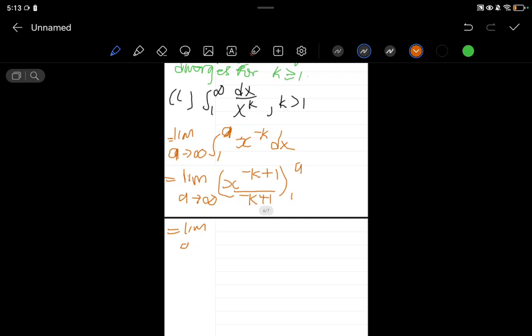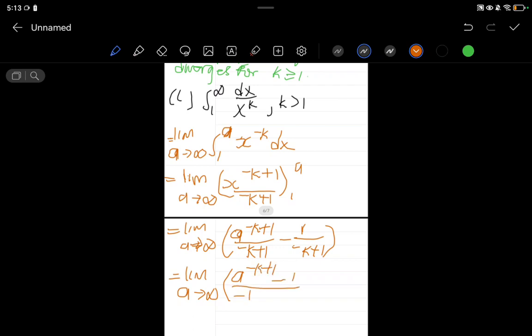As a approaches infinity of a to the minus k plus 1 over minus k plus 1, minus 1 over minus k plus 1. Then this would be the limit as a approaches infinity of a to the minus k plus 1, minus 1, over minus k plus 1.